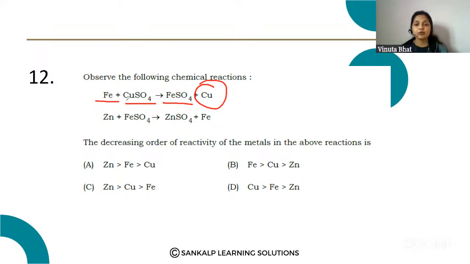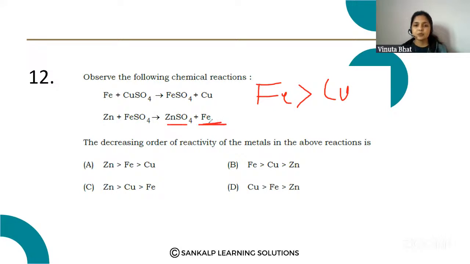Iron is able to displace the copper from the copper sulfate, which means iron is more reactive than copper. When zinc reacts with iron sulfate, zinc sulfate is formed and iron is displaced, which means zinc is more reactive than iron.